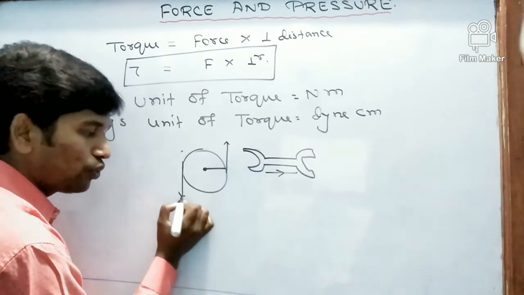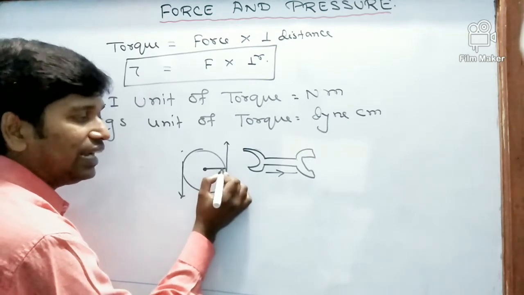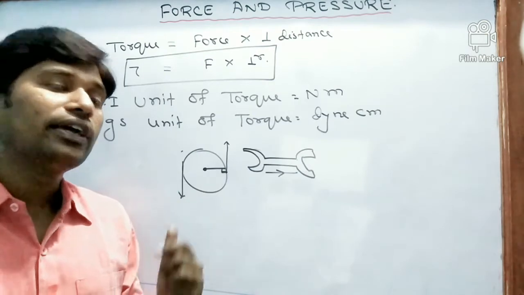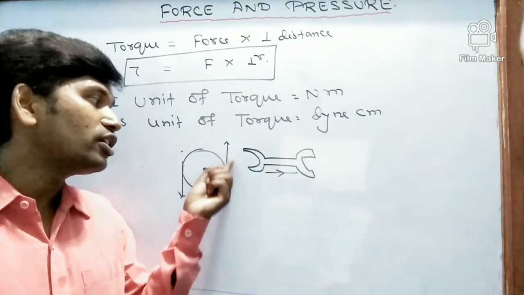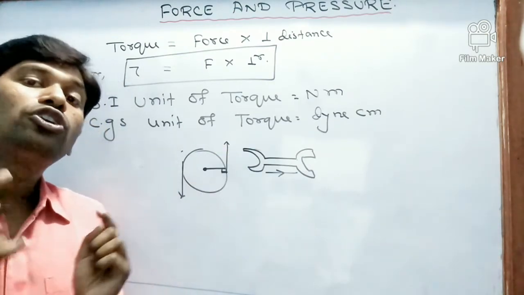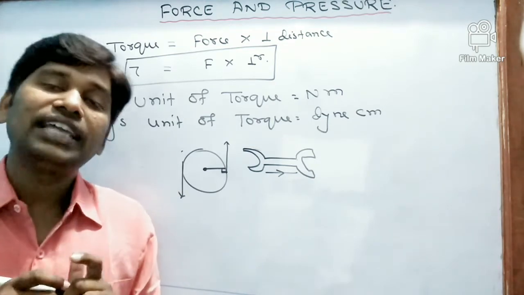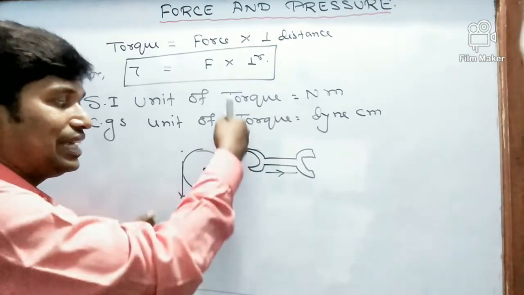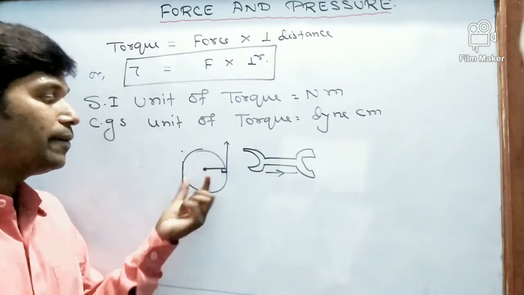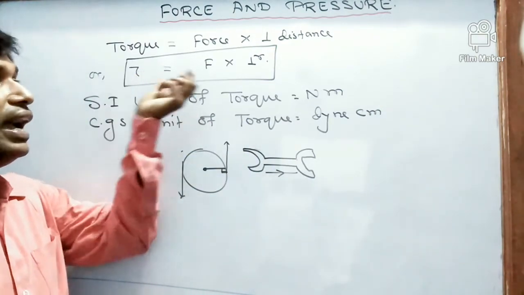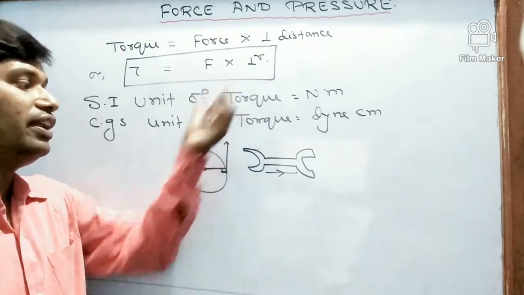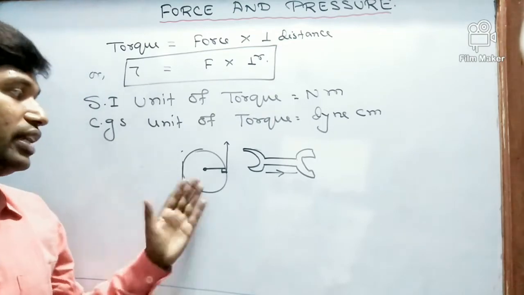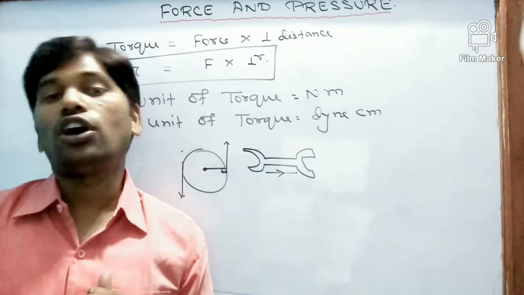We apply two forces tangentially, so that the angle is 90 degrees, and for a smaller applied force, the torque will be more. That's why in the steering wheel we apply force tangentially, so that the torque will be more and the applied force will be smaller. If the steering wheel is larger, then this R will be greater. So there is also the application of torque.